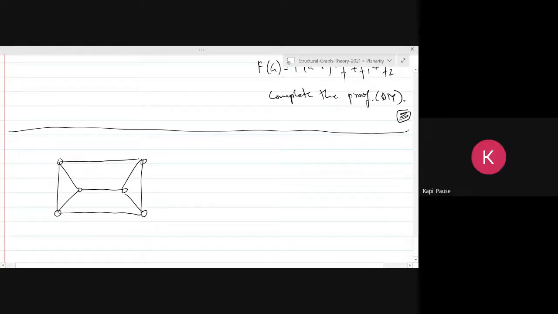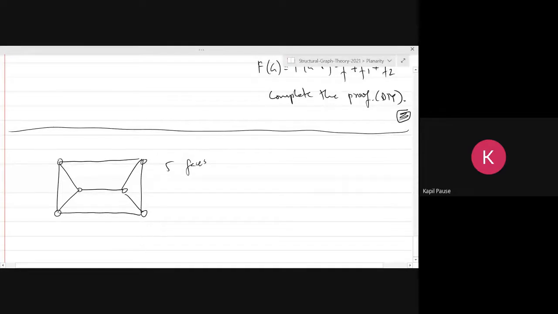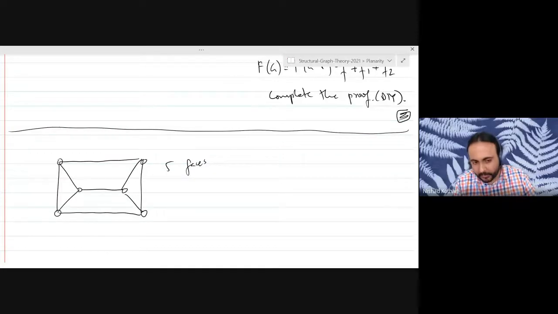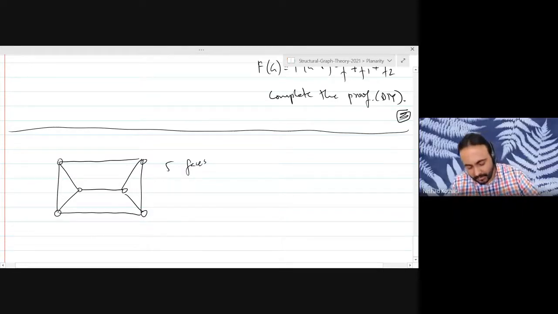Five. Minus the face corresponding to the unbounded face, we do not consider that cycle. That's right. So you can remove one of them, and then I think you get a basis. Anyways, that requires a proof, but I think that is a correct statement. At least for non-separable graphs, that is true.